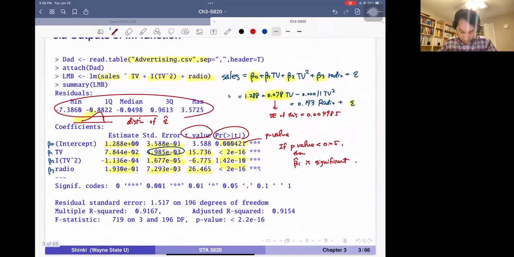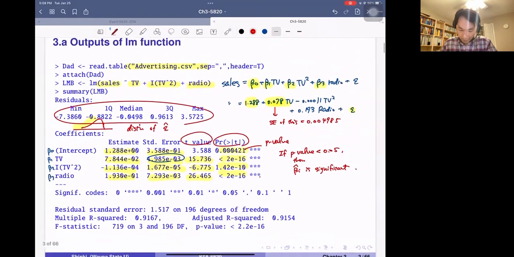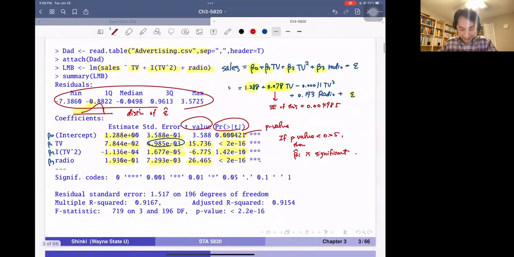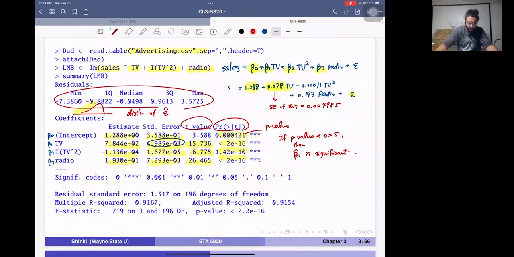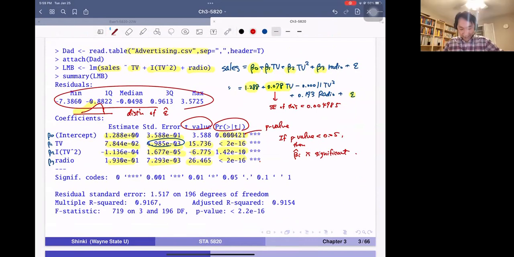Do you know how many observations are in this data set? Maybe just from this slide you can identify how many observations are in the data set. Anyone? 197.